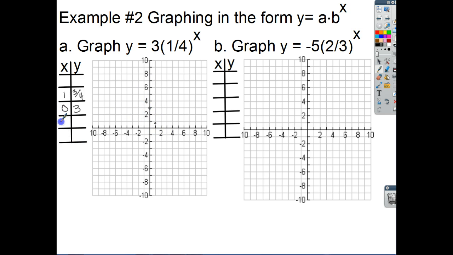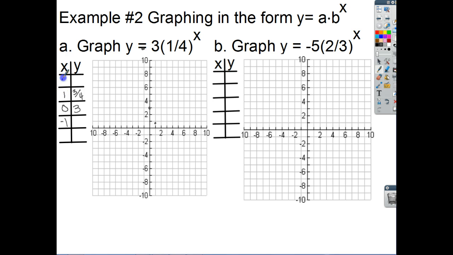Let me go to -1 here. Go ahead and do at least 1 on this side. If we put in -1, then we're going to have +4, and we're going to be up here at 12. So if this is 10, 11, it's off the graph, isn't it? So I'll kind of put it up here, but we may not use that point in graphing this.